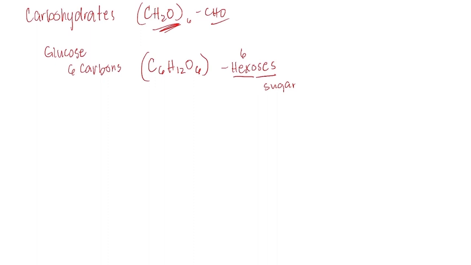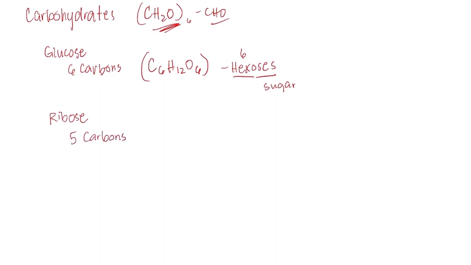How about ribose? I know you are familiar with ribose. It is a part of DNA and RNA, right? Deoxyribose in DNA and ribose in RNA. Ribose is a pentose sugar, meaning it has 5 carbons.